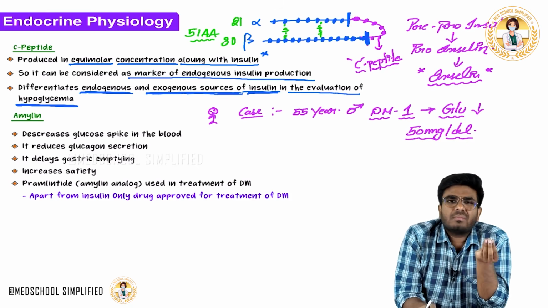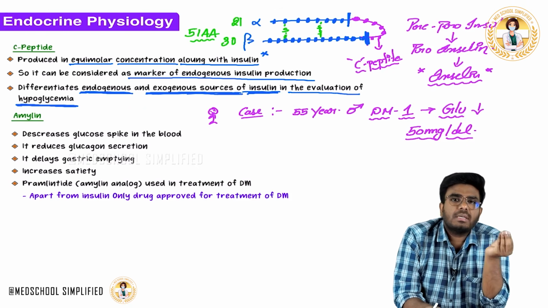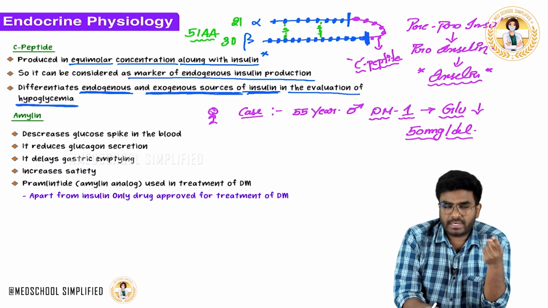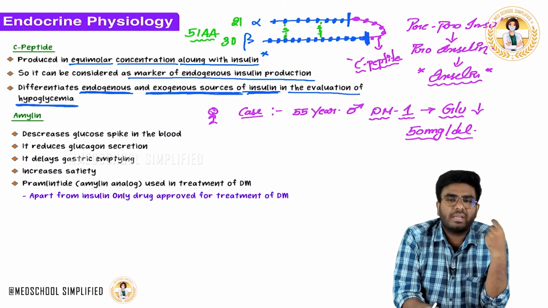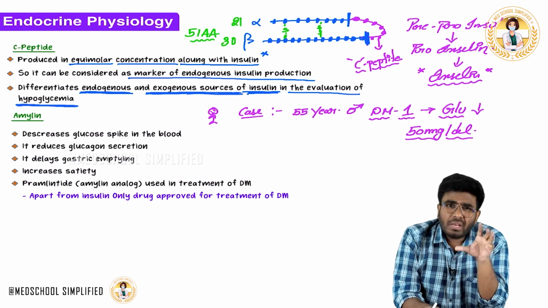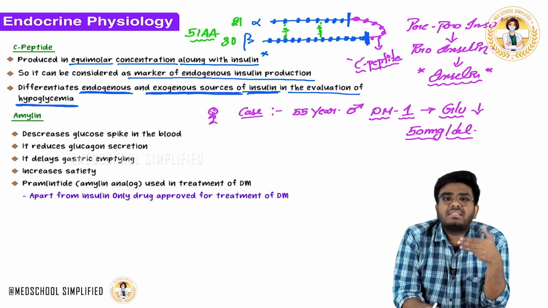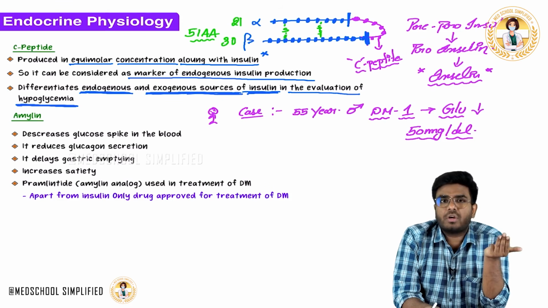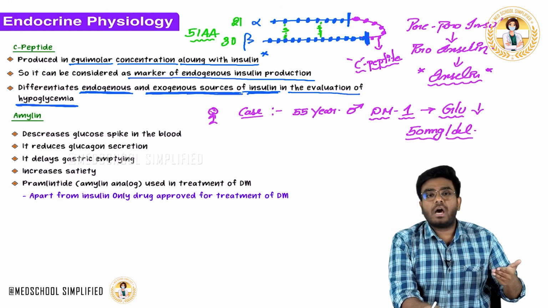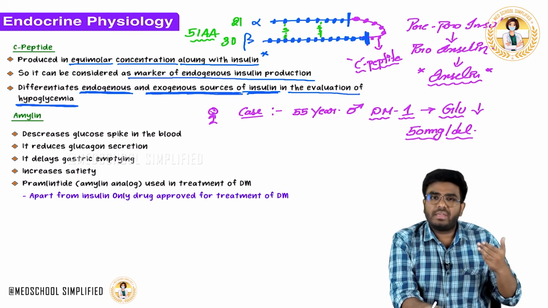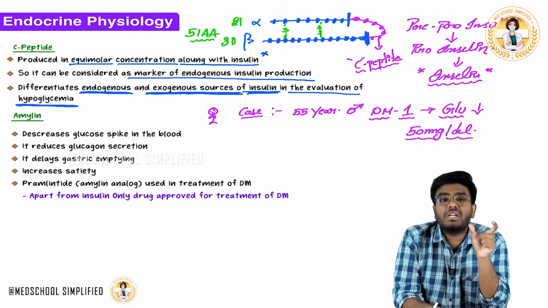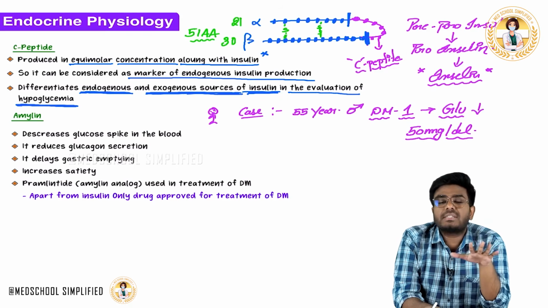What is the most logical explanation? He might have taken an extra dose of insulin, without knowing, just forgetting that he had already taken a dose. Accidentally, he has taken an overdose of insulin, and that extra dose of insulin is causing the hypoglycemia.